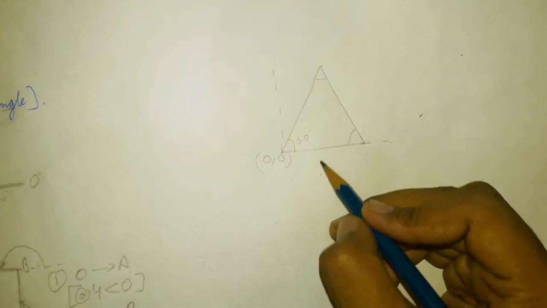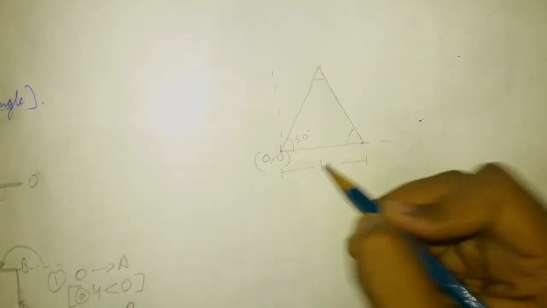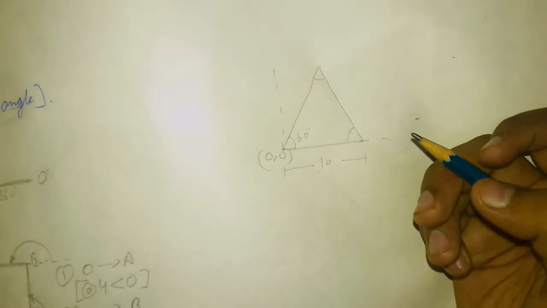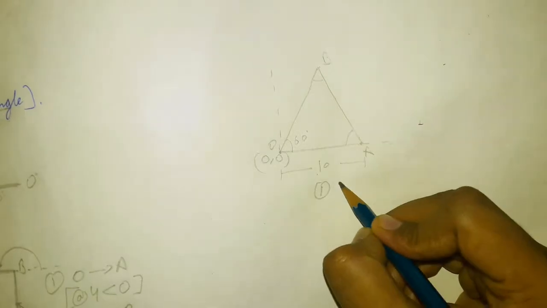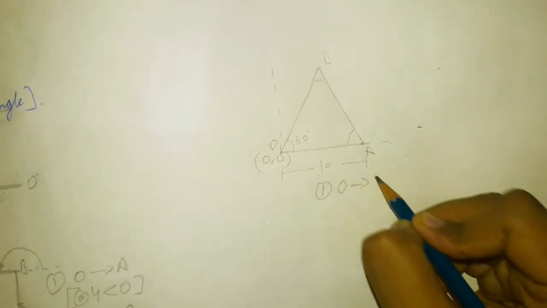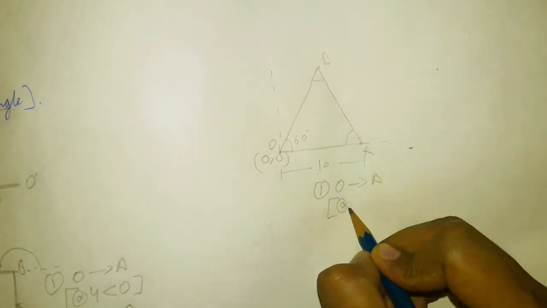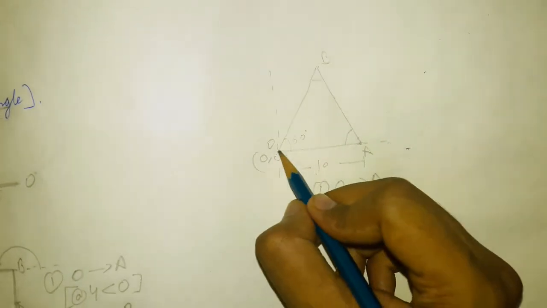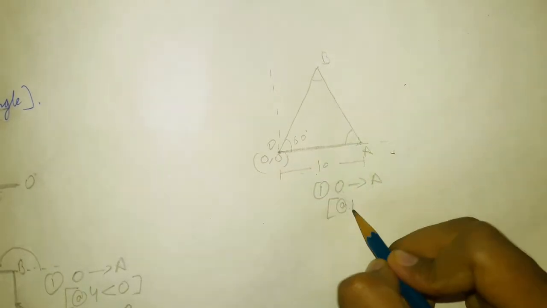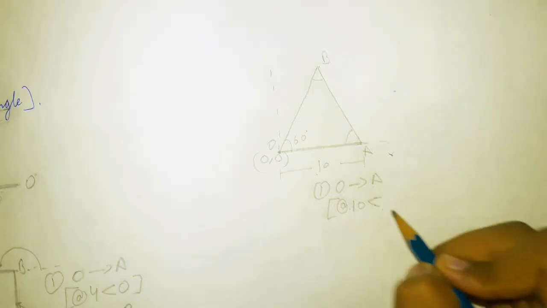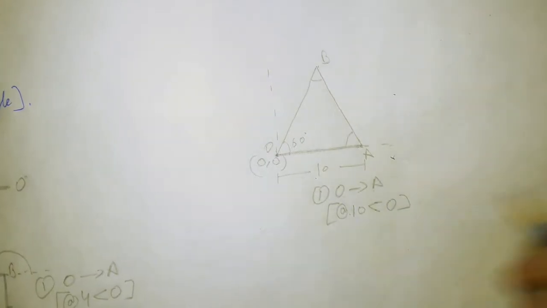The distance is, suppose it is of 10 unit distance. Let us find the points. O to A. Similar, at the rate distance from O to A is 10, smaller than, an angle is 0.